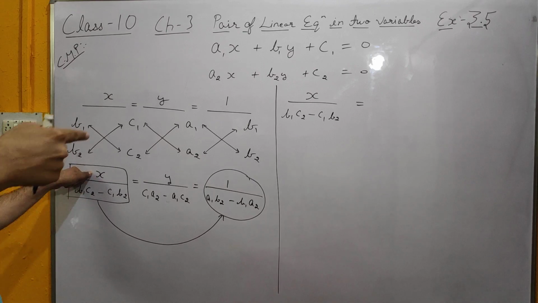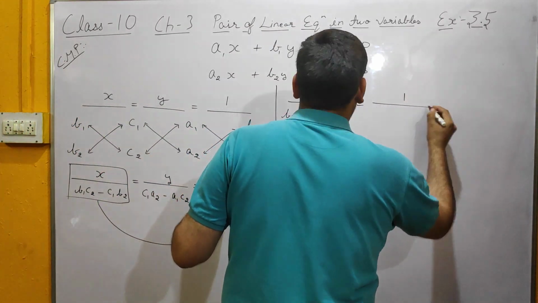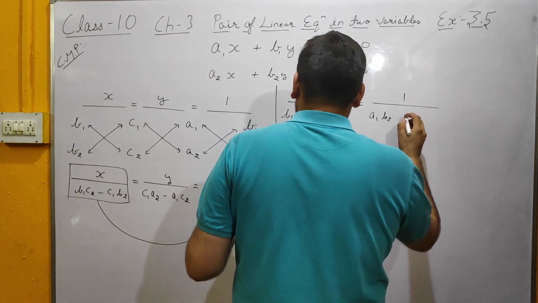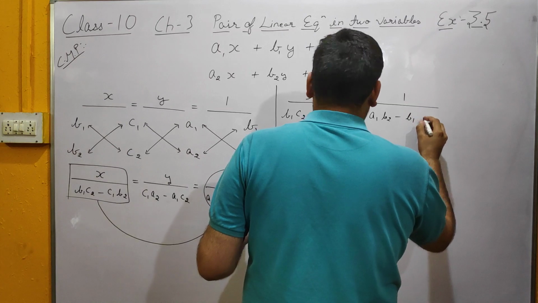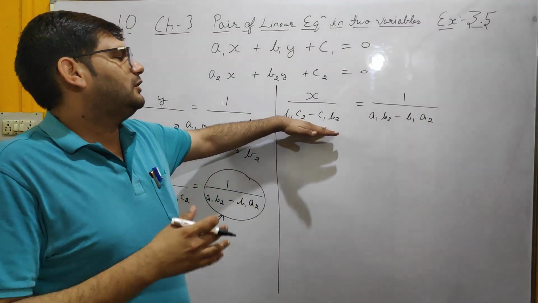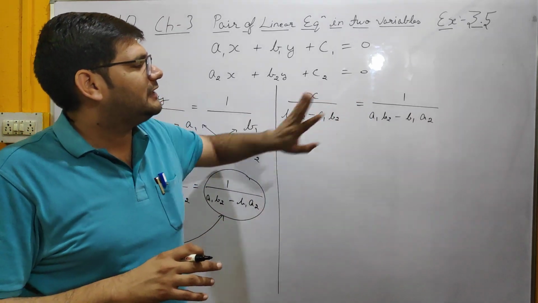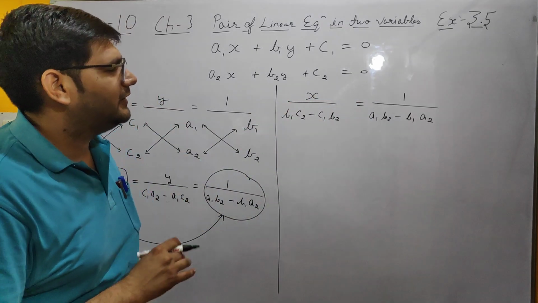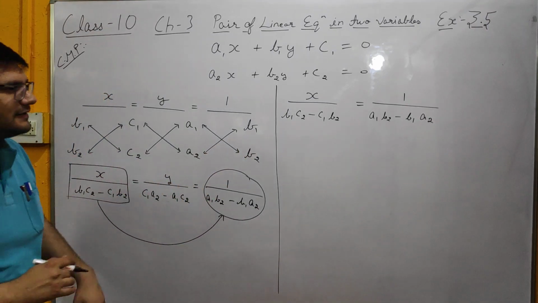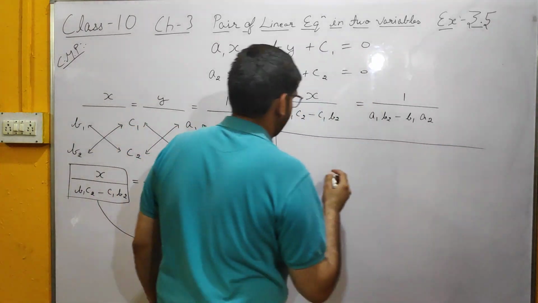So we need to equate it with 1 by a1 b2 minus b1 a2. Mind it, we will put the values, then solve and cross multiply again to find the value of x. In this way we can find the value of x.